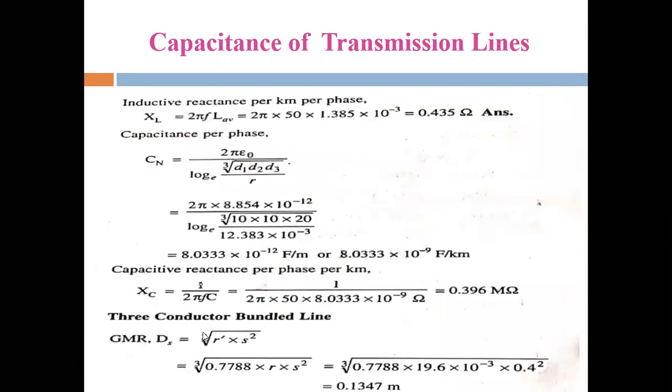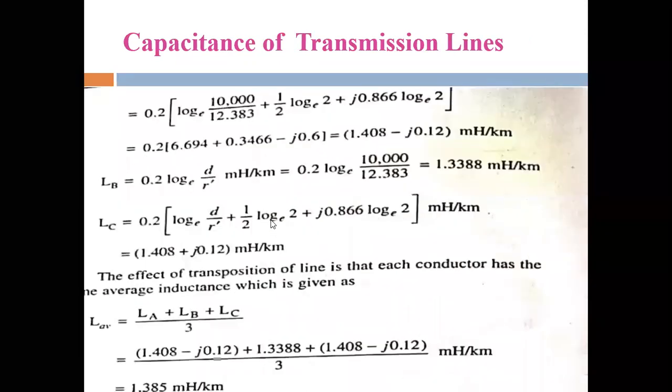Ds is equal to the cube root of r dash into s squared, that is the cube root of 0.7788 into r, the radius of the conductor, 9.6 into 10 power minus 3, into s squared.